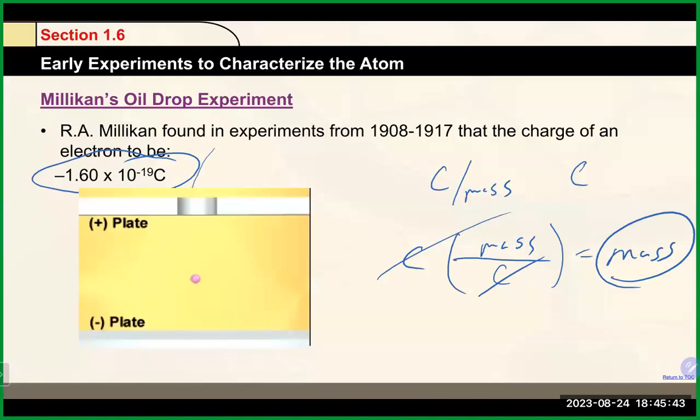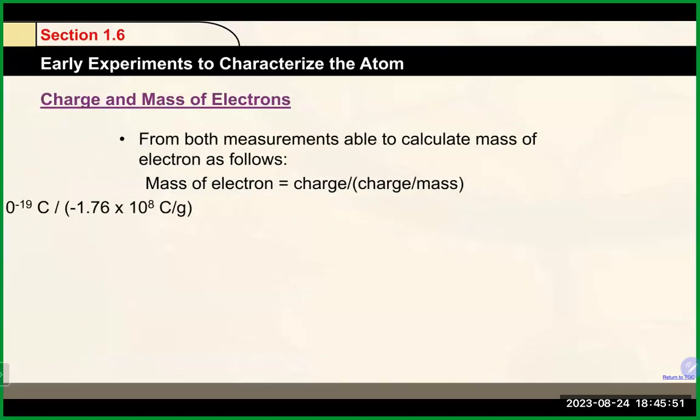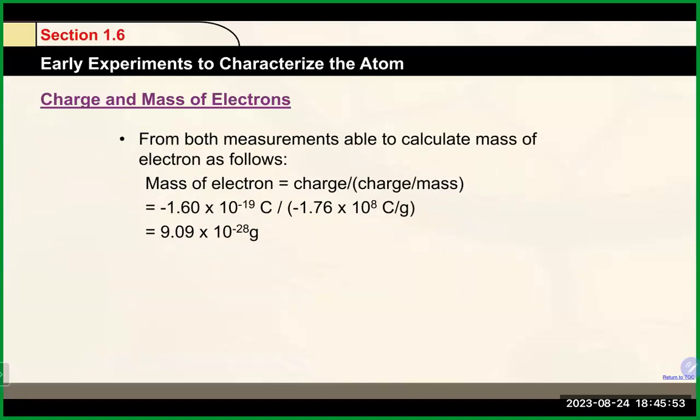Putting both of these experiments together, the mass of an electron was able to be determined, and the mass of an electron was found to be 9.09 times 10 to the minus 28 grams. Is that a large number or a small number?